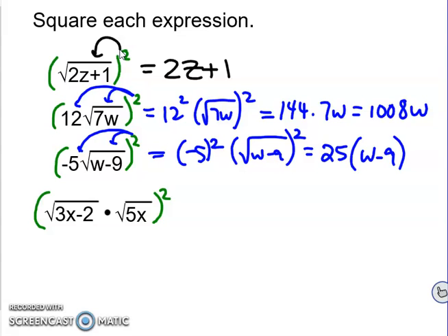In this case here, we're still doing multiplication, like we did in the previous problem. So we need to multiply the 25 to the w minus 9 expression. So that means to get rid of the parentheses, we have to multiply the 25 not only to the w, but also to the 9. So we end up with this 25w minus 225.